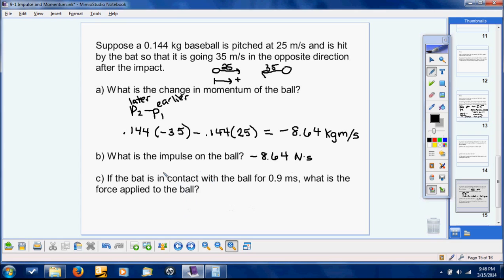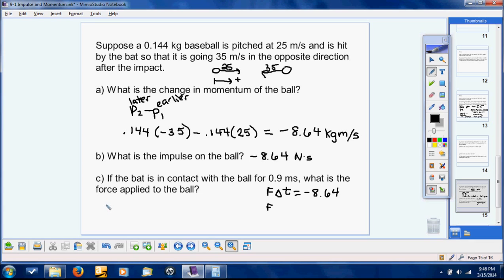Alright, so if the bat's in contact with the ball for 0.9 milliseconds, what's the force applied to the ball? Okay, so we're trying to think through F delta T. The impulse equals negative 8.64. Now the problem is that my delta T is in milliseconds. So we have to remember our conversions.